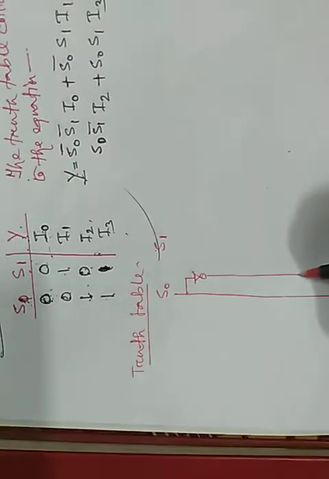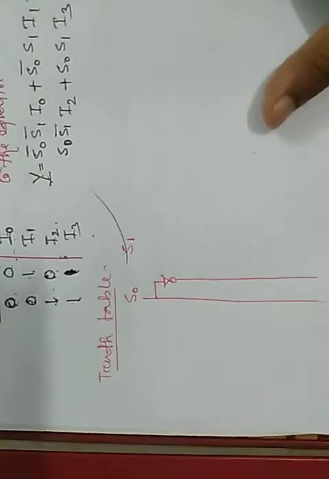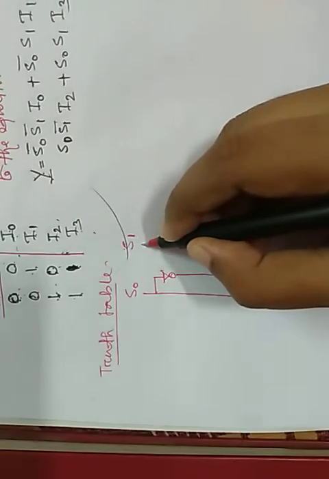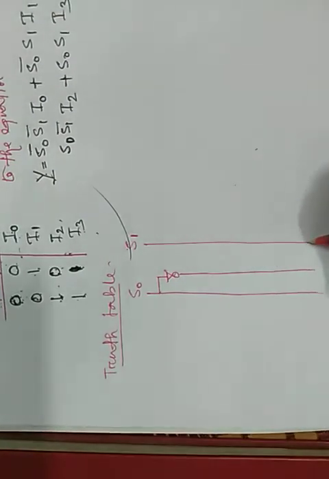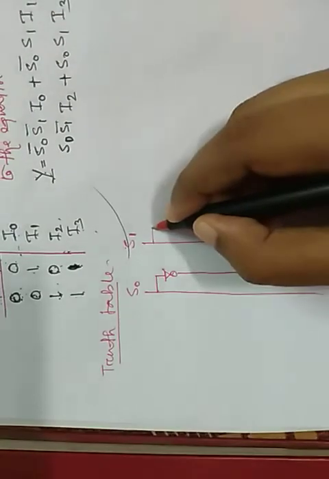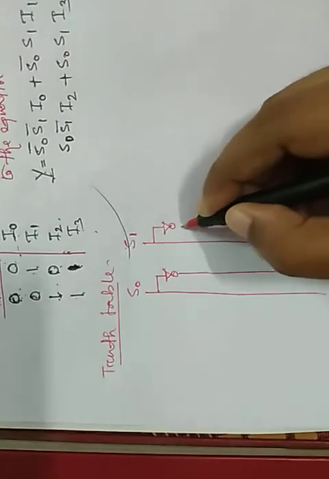For S0 we draw 1 direct line and 1 for its complement, and S1 also 1 direct line and 1 for its complement.